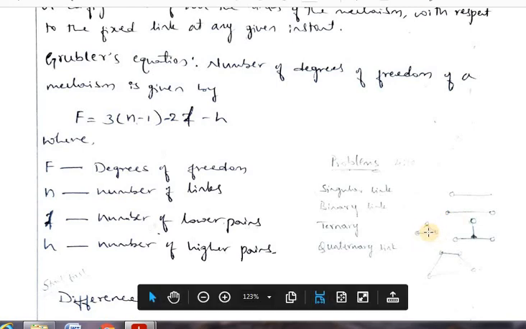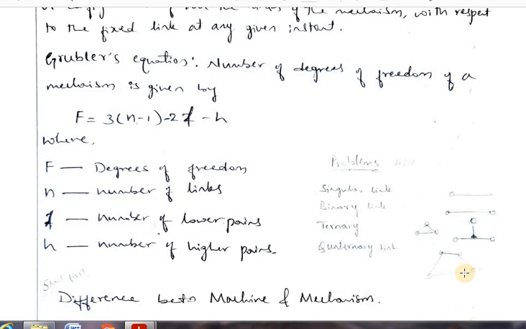And in a triangular shape, if you have a link, then it is called ternary. And here you can see there are four circles, 1, 2, 3 and 4, joined with four links, then it is called a quaternary link. You should have this knowledge for finding degrees of freedom using Grubler's equation.